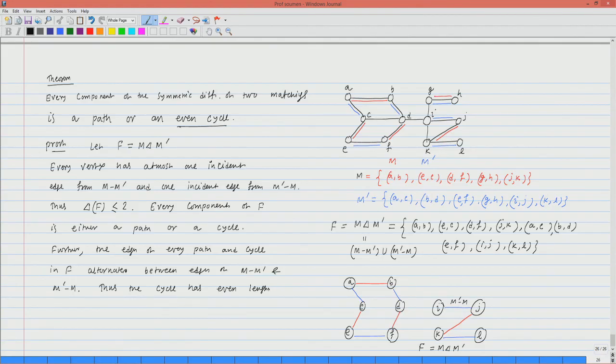So, this is a very important result according to me at least: you take two matchings M and M prime, and the symmetric difference of two matchings will give you a graph, and the components of the symmetric difference of two matchings are either a path or an even cycle.